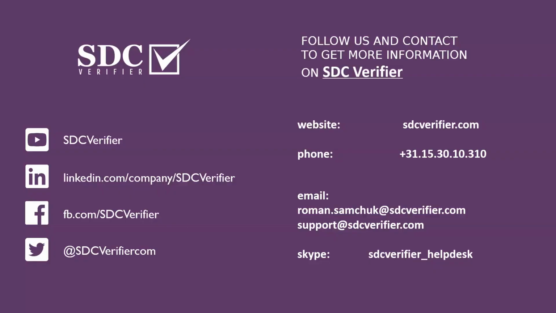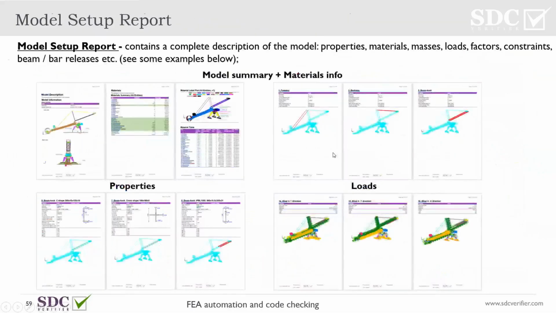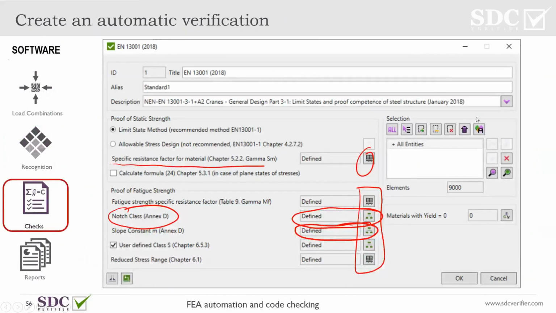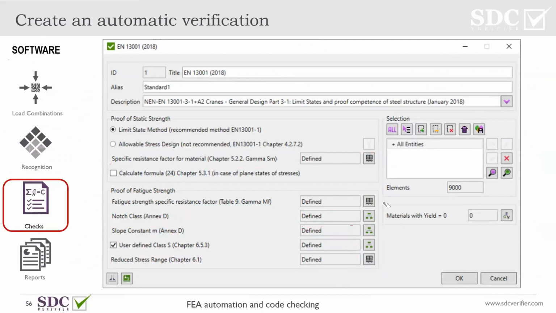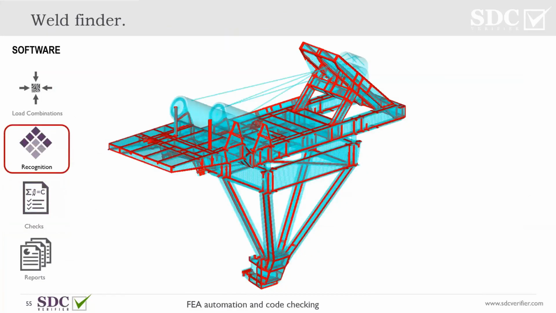What should the user define in SDC to make the verification automatic? Well, just a second. Basically, this window I showed is a nice indication of what you select. In general, what you have to do is recognize the welds.